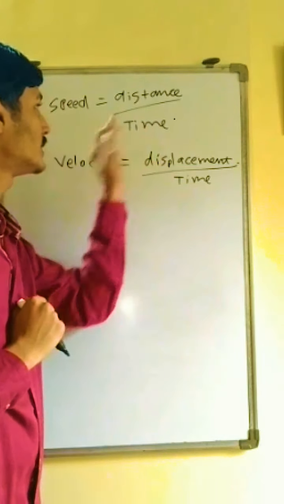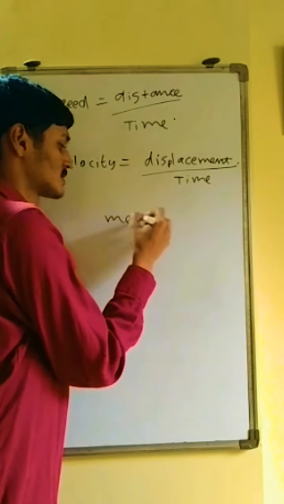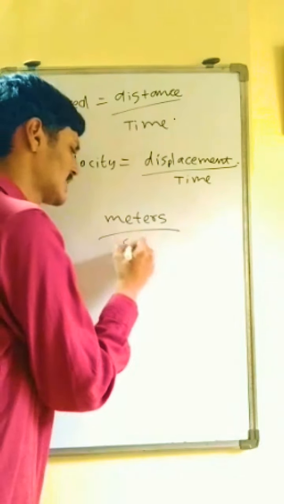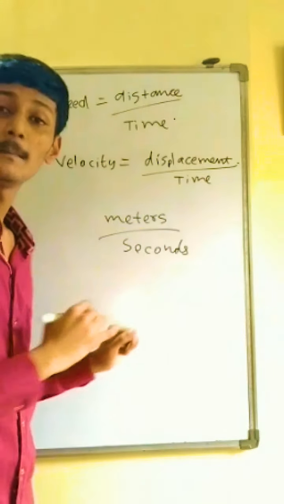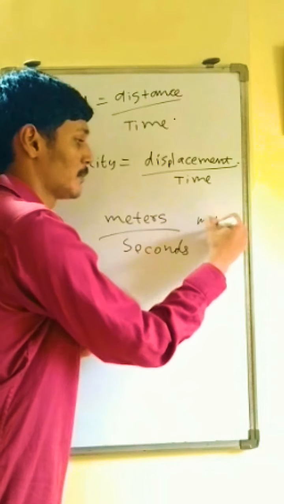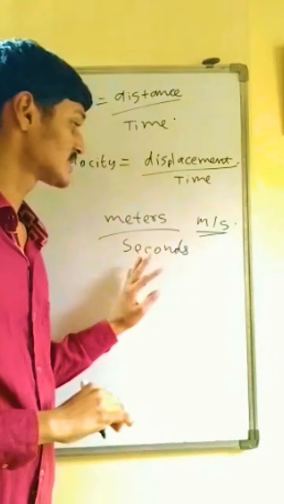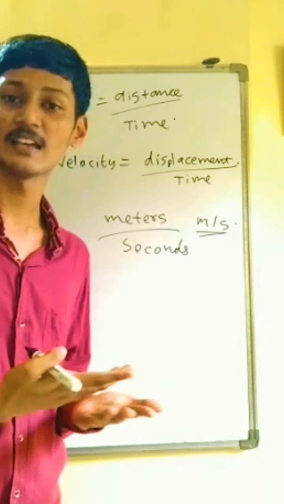If we see the unit, we measure distance as well as displacement in meters, and time is measured in seconds. So the unit becomes meter per second, which is symbolically written as m/s. This is the standard unit, which we call the International System, SI unit.